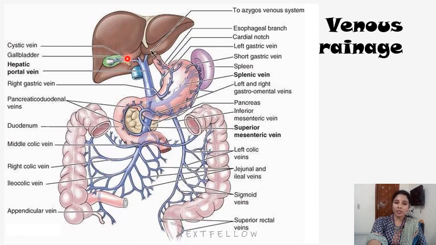Central vein drains into hepatic veins, and hepatic veins drain into inferior vena cava. So this is the whole chain of venous drainage from the appendicular vein, posterior cecal vein, superior mesenteric vein, portal vein, then hepatic sinusoids, central veins, hepatic veins, and inferior vena cava posterior to the liver.